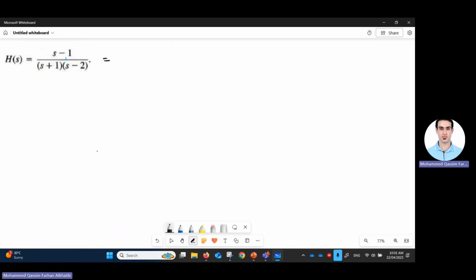So here I'm going to get A over S plus 1 plus B over S minus 2. Okay, cross multiplication. So I will have A(S minus 2) plus B(S plus 1), and that should equal S minus 1, right?